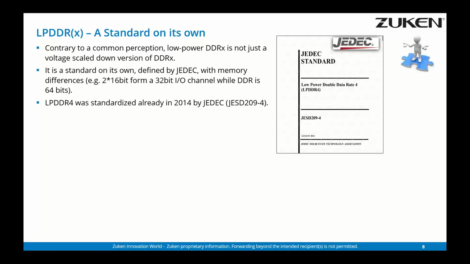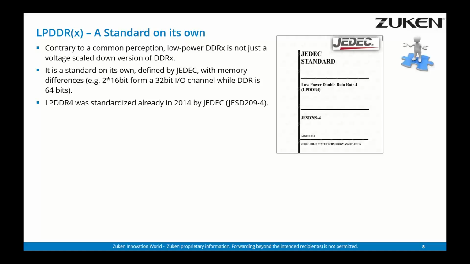What's probably overlooked, it is not just a scaled down version for the voltage of the regular memory. It's a standard on its own. So it's standardized by JEDEC. Low power DDR4 has been standardized by JEDEC already in 2014. It has a different architecture, slightly differing from DDR4.